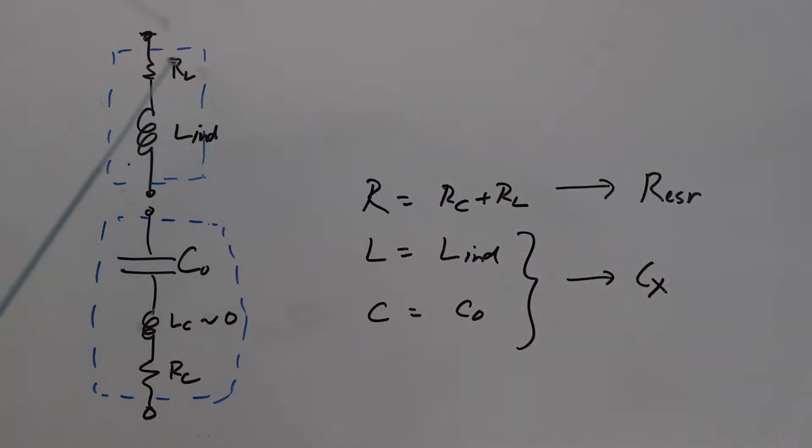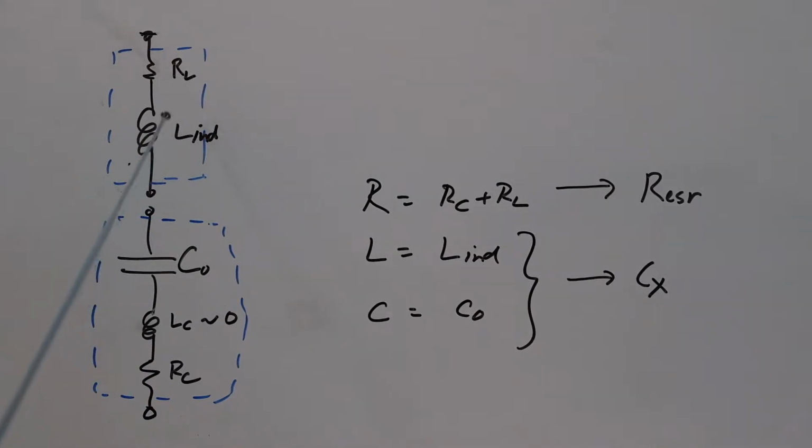So effectively, in the inductor we have a series resistance, which is small, but probably less than the series resistance of the capacitor, RC, and I'm going to neglect the inductance in the capacitor, which is going to be very, very small because the leads are very short.